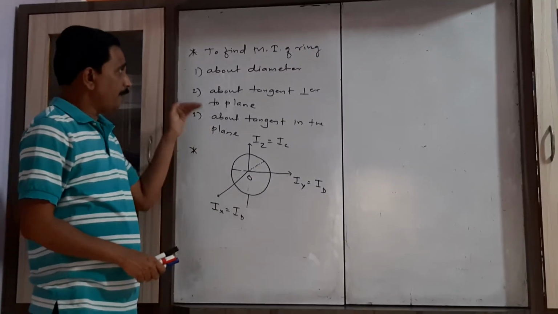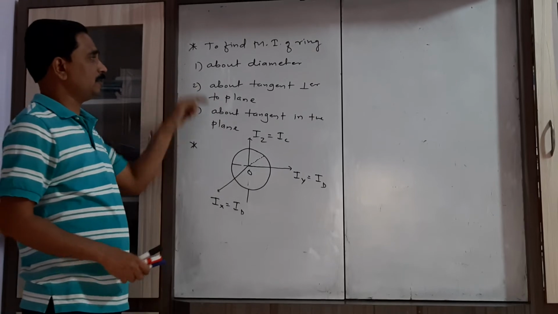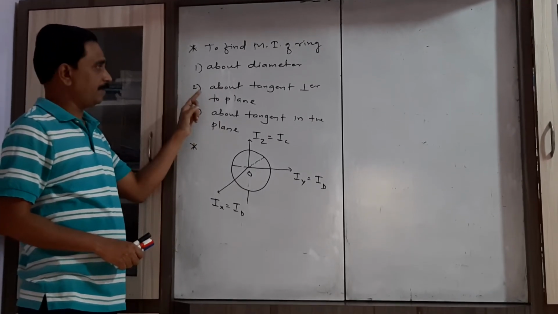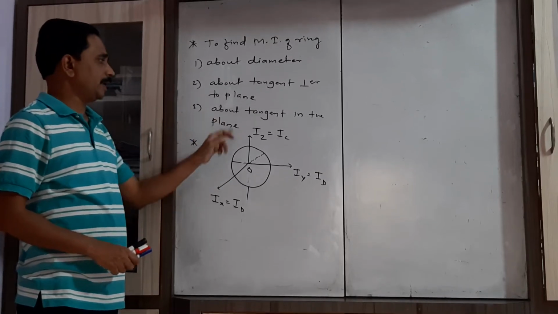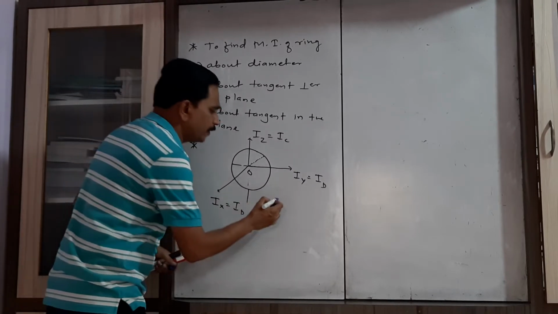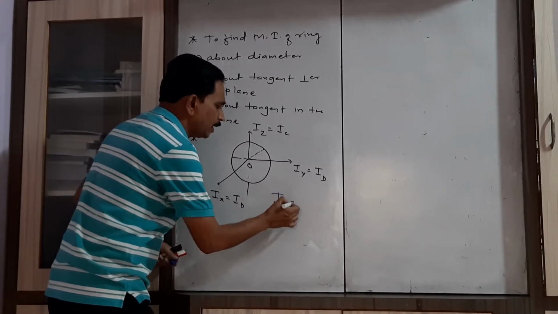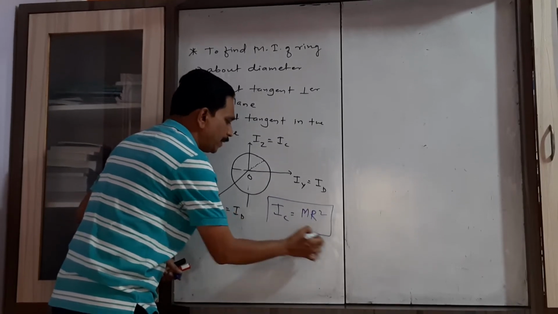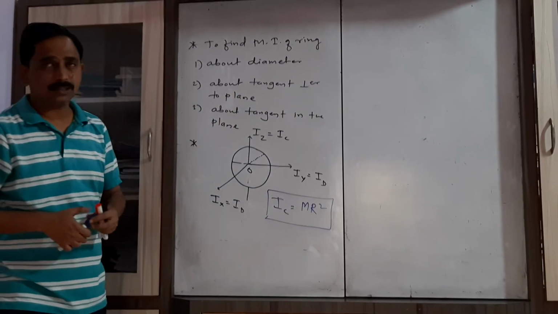Now we have to find the moment of inertia of a ring about a diameter, about a tangent perpendicular to the plane, and about a tangent in the plane, by assuming its moment of inertia about an axis passing through the center and perpendicular to the plane, which we just derived.